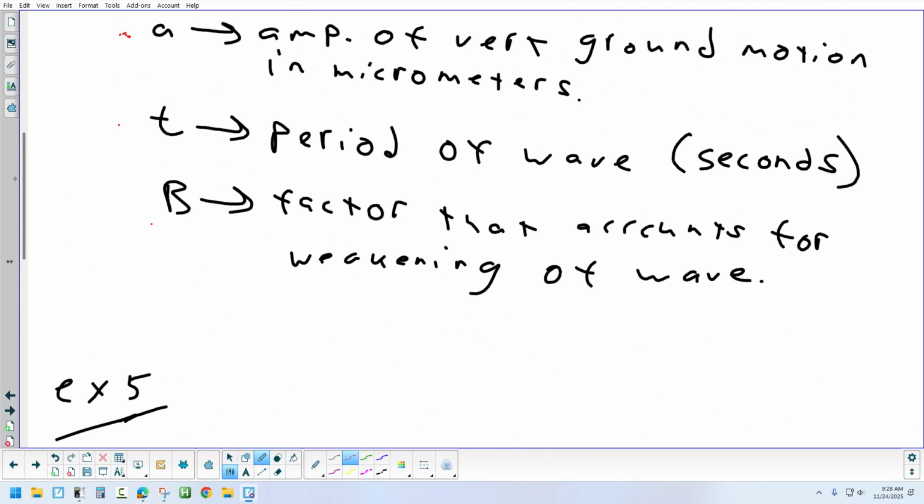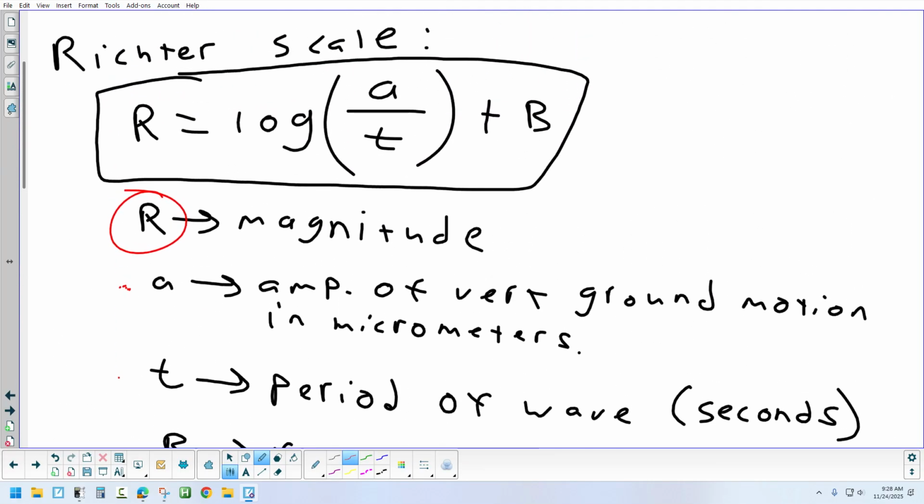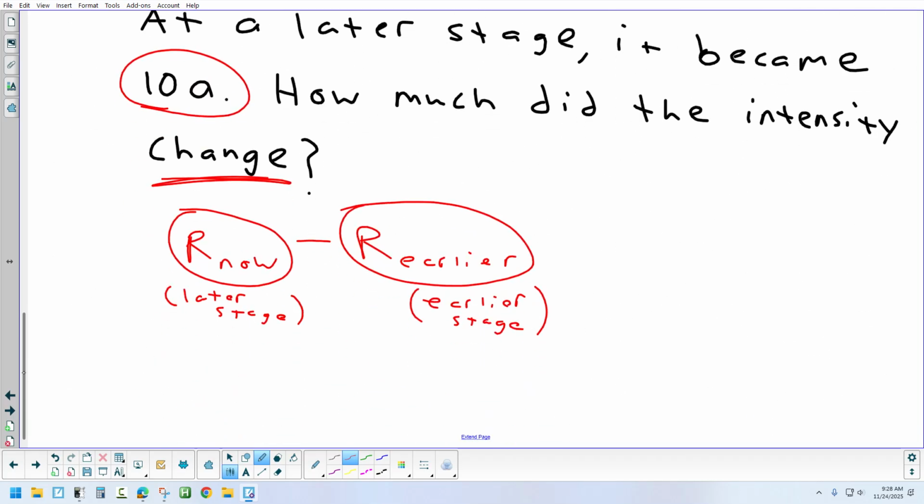Okay, so our formula is log A over T plus B. What are we using for the A value at the later stage? How are they measuring the ground movement in micrometers at the later stage?